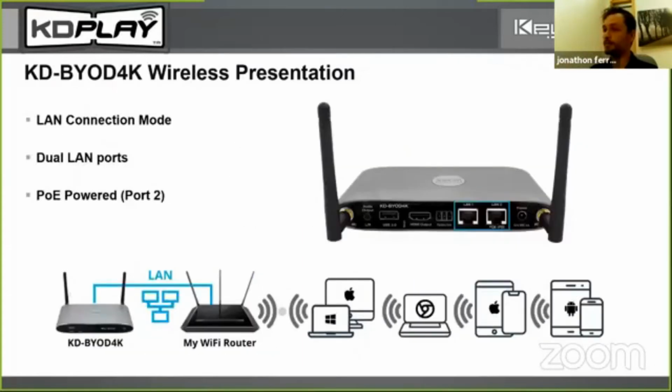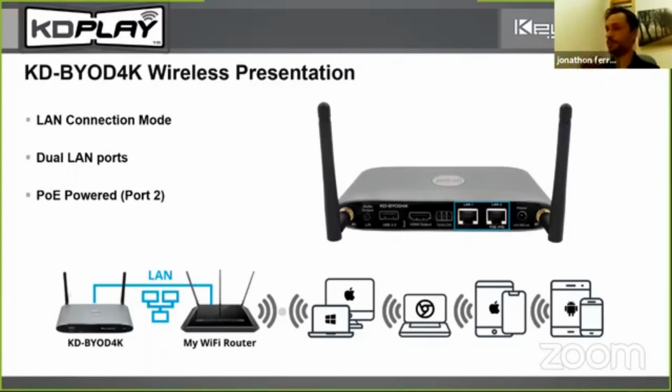Now, most applications, however, are utilizing the other network mode that is called LAN connection mode. LAN connection mode is where the devices will cast to the BYOD 4K unit via the local network. So they don't have to change networks to the BYOD network.